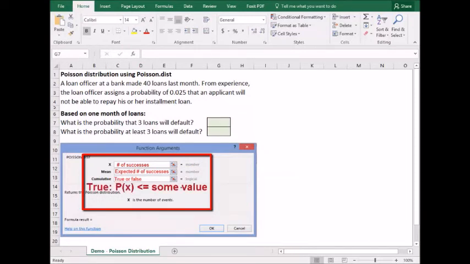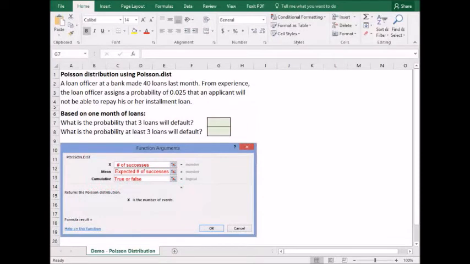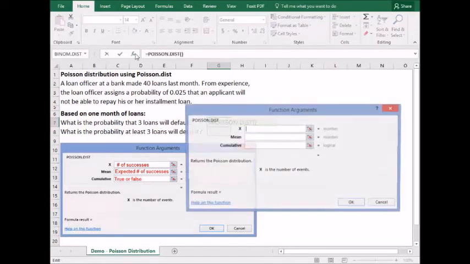True means we are seeking the probability up to and including some value of x. False means we are seeking the probability of x equals some value. For the first question, we will use false. Let's open the dialog box, enter our information, and solve the first question. Equals POISSON.DIST, open parenthesis, fx to open the dialog box.